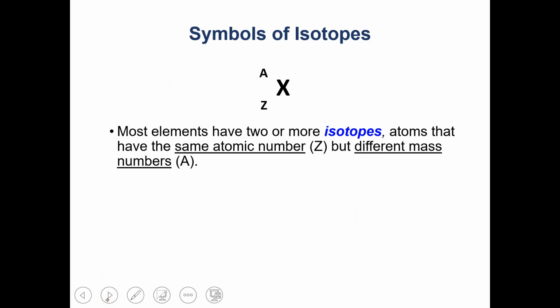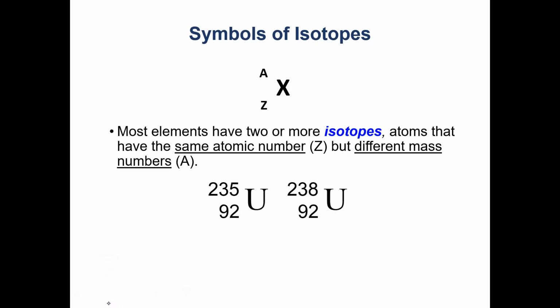So let's look at an example here. If we take an element such as uranium, most elements do have 2 or more isotopes, which means they have the same atomic number but different mass numbers. So if we take uranium, we see here they both have an atomic number of 92 because they're both uranium, but they have different mass numbers.